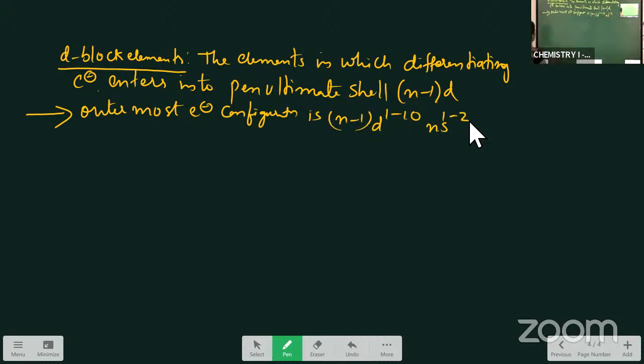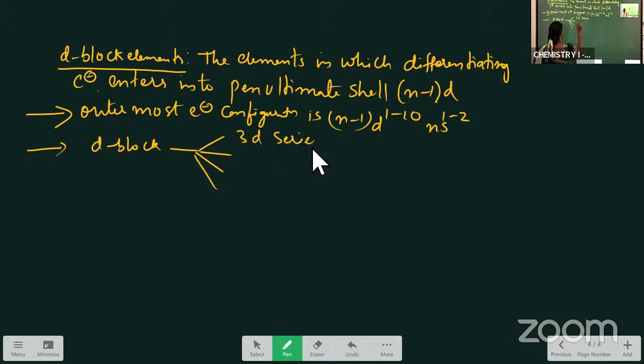The next, the D block is divided into 4 series: 3D series, 4D series, 5D series, and 6D series.